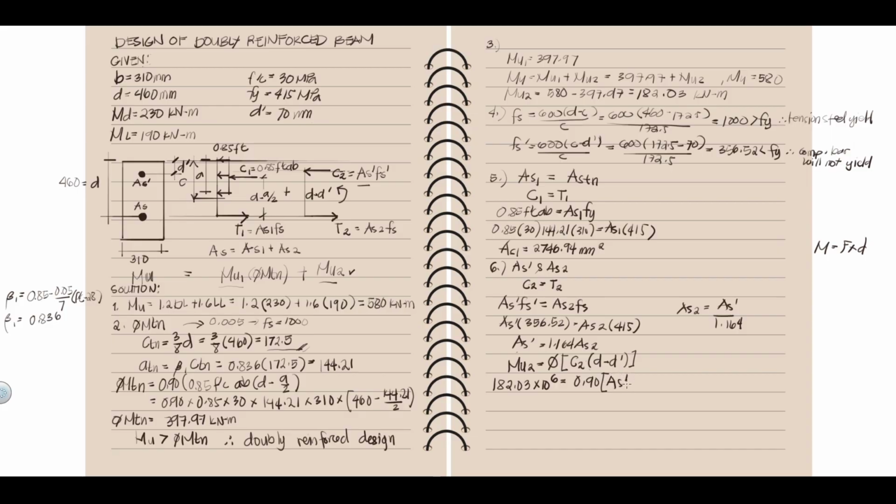Ang Fs prime natin, na-solve natin yan, that is 356.52 times moment arm, D, 460 minus D prime, 70. Okay, so shift solve, we will have AS prime.